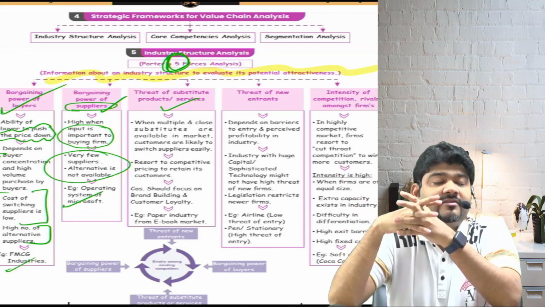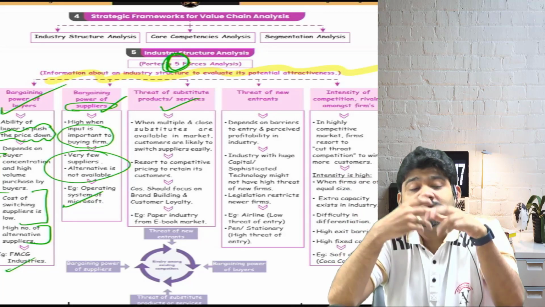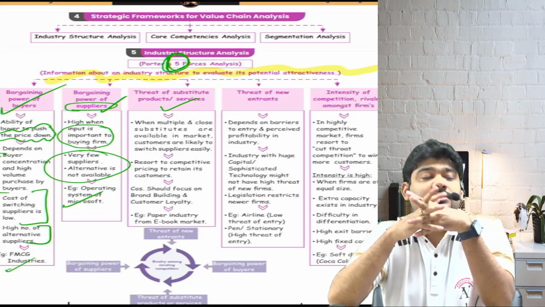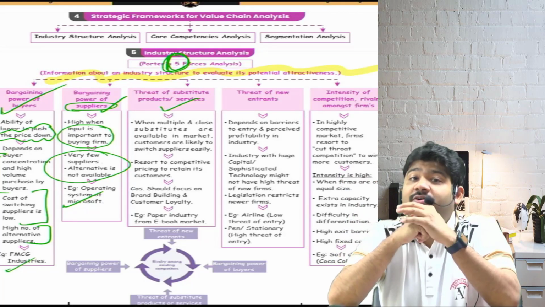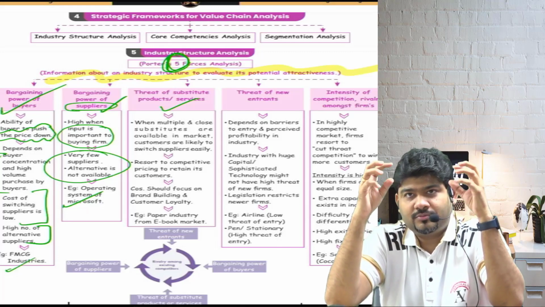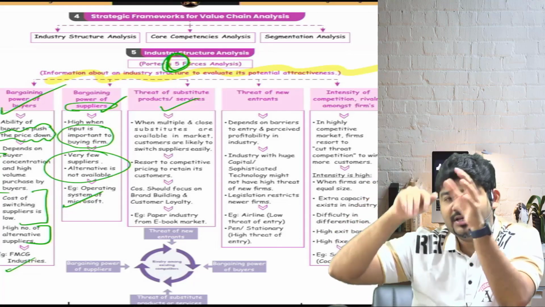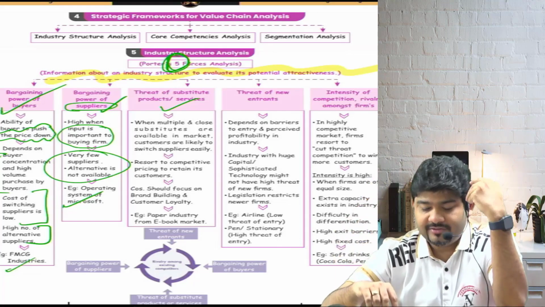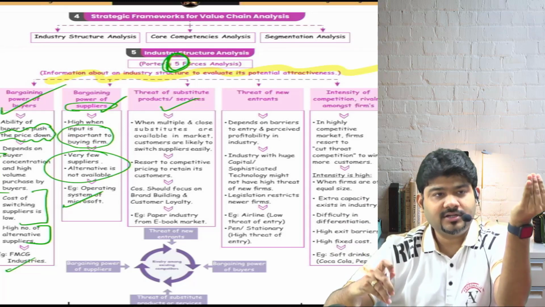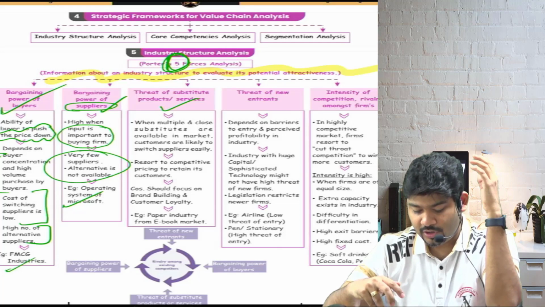So you may get substituted. If there is a substitute available for your product, then again you should not enter, or the competitiveness will be very high in such an industry and it is not good for you. So you'll have to see what can be a threat or substitute that can be applicable to your business.